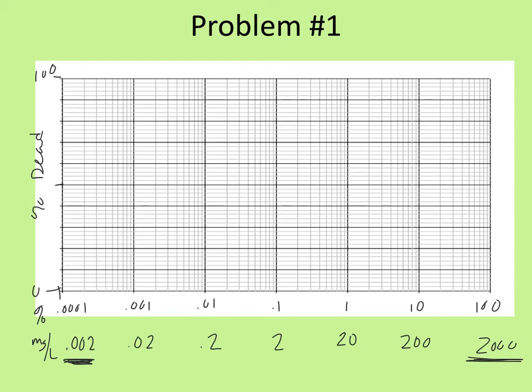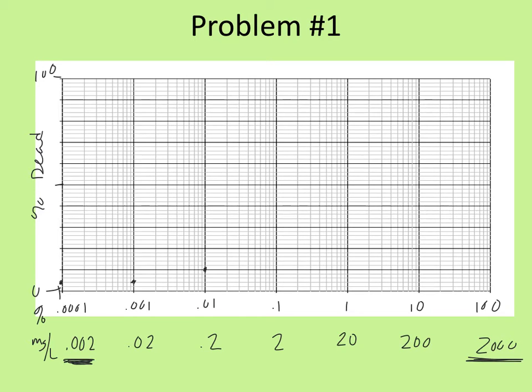So the lowest concentration in the table was this, and that was a 4% mortality, so that would be right here. Then the next concentration also had a 4% mortality, so that's right there. Then the next one from the table was 10%, so that would be right there.